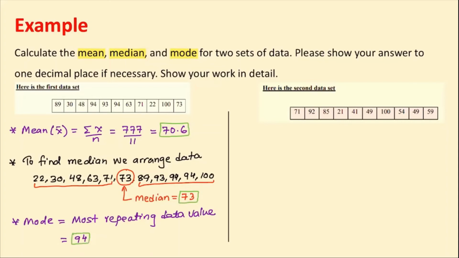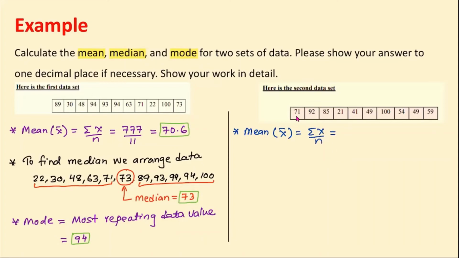And we are going to do the same thing with the second data set. So for the second data set, the mean, same formula again. The mean, denoted by x bar, is the sum of x divided by n.